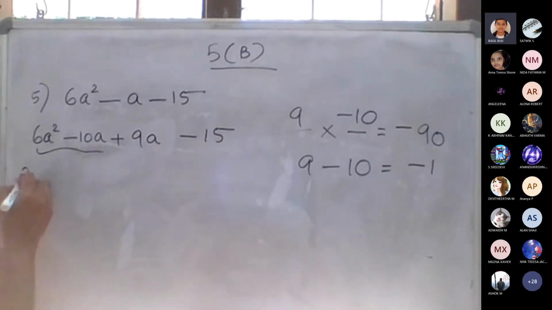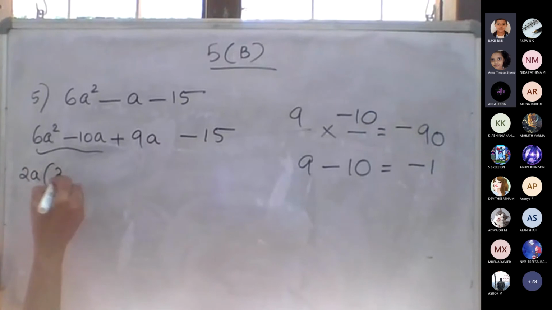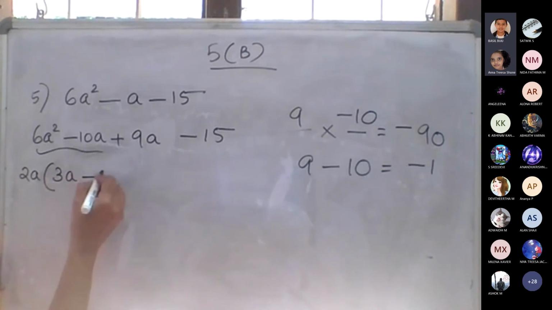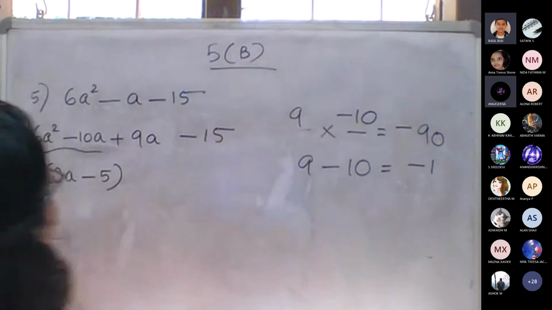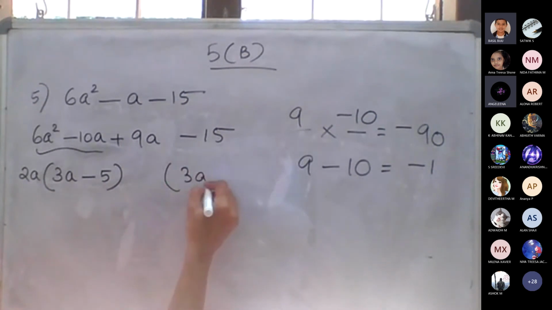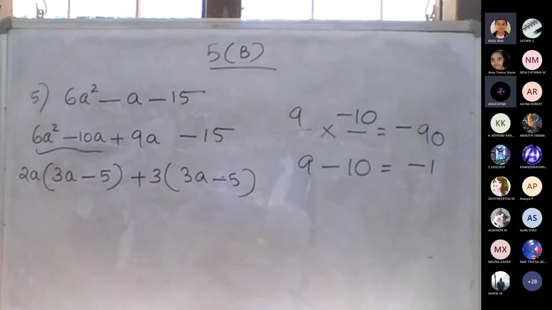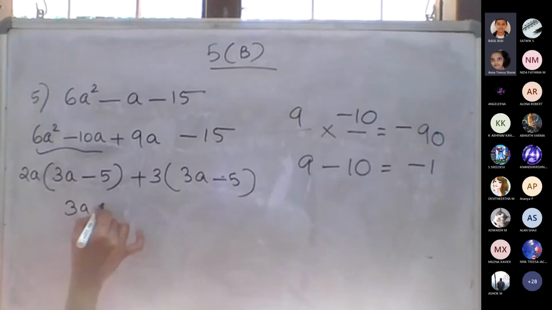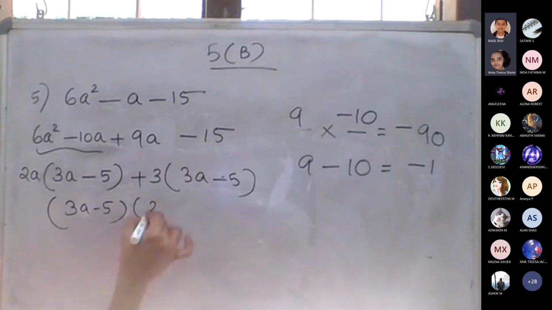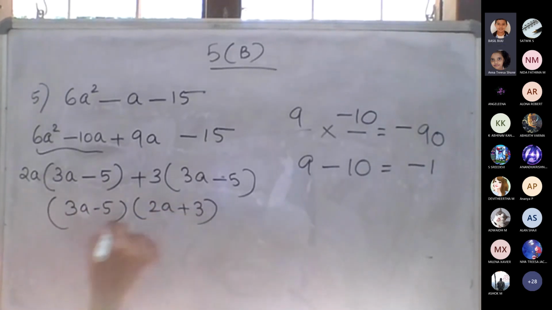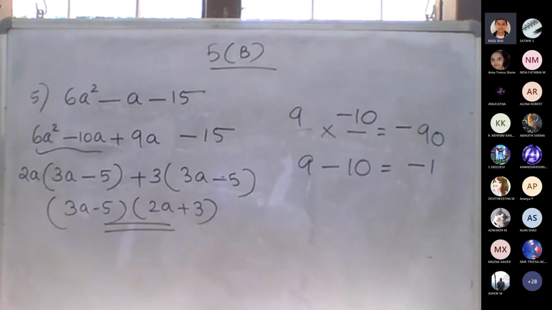From here you took 2a, then the balance 5. So 3a minus 5 into 2a plus 3.